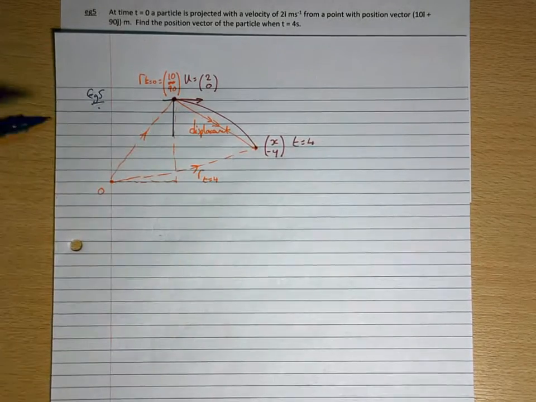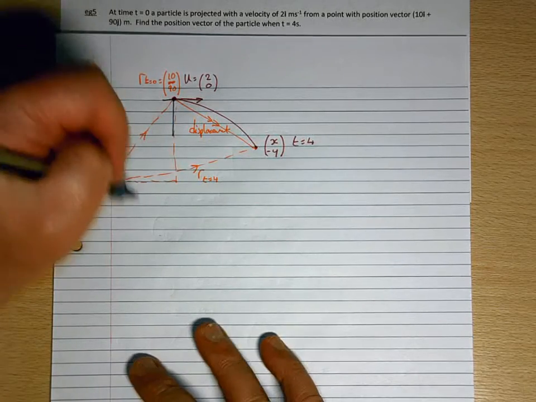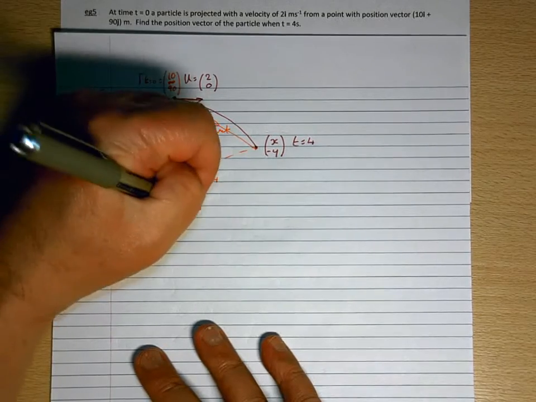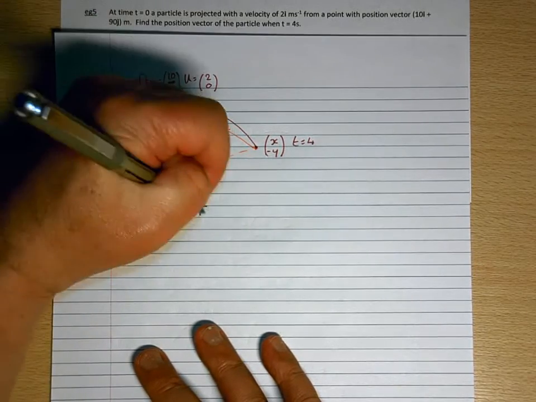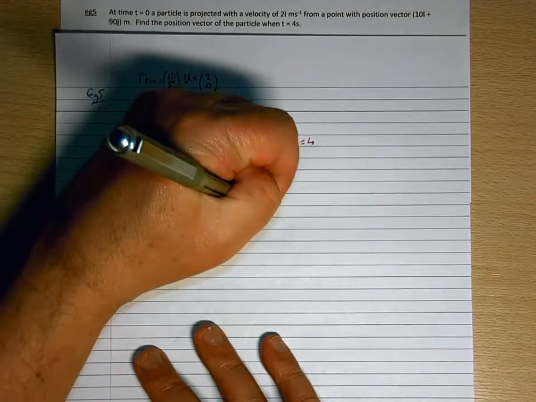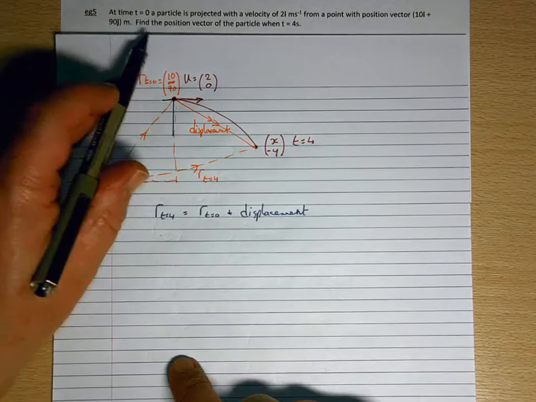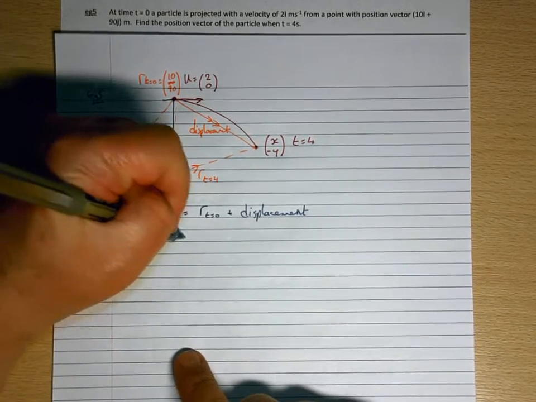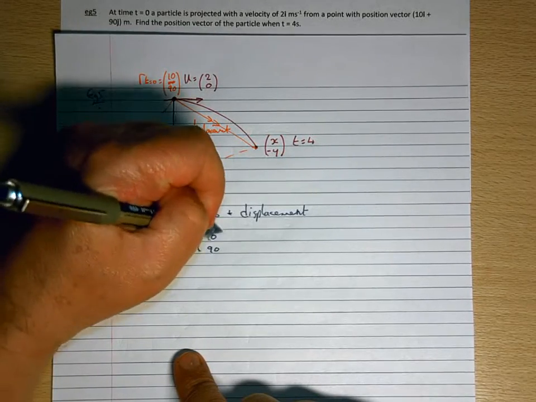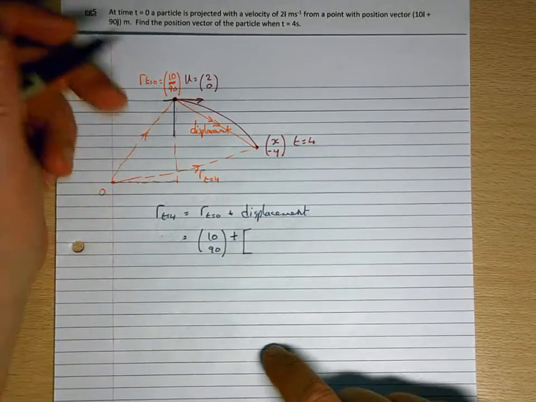Now, in vector terms, to put that as an equation, the position at t equals 4 is going to be the position at t equals 0 plus the displacement. So the position at t equals 4 is what we want. That's equal to the position at t equals 0, which is (10, 90), plus the displacement. So this now is our s equals ut plus half at squared.